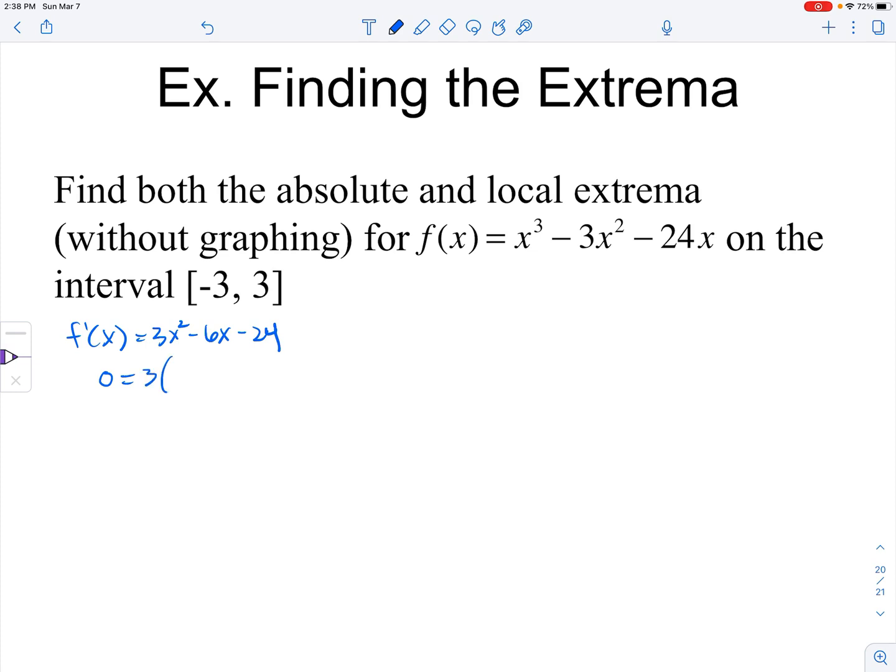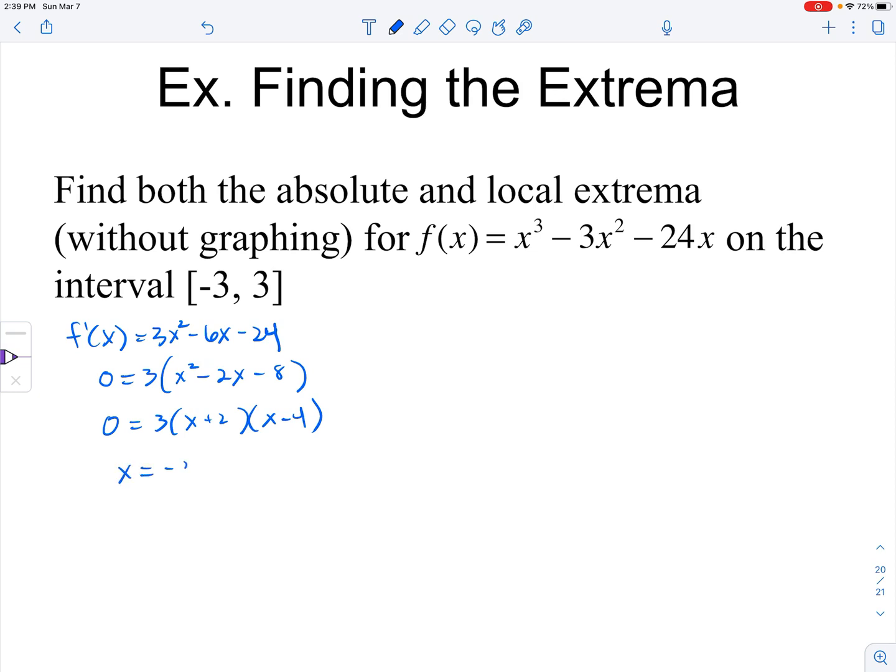We can just solve for the values that would make the derivative equal to 0. I'm going to factor a 3 out from this quadratic and see if I can factor it. x plus 2, x minus 4, I believe. Yep.